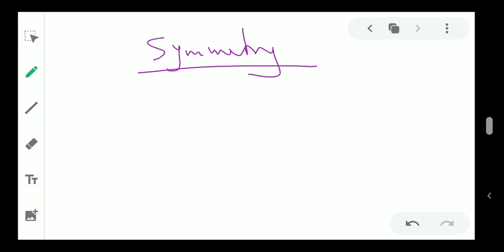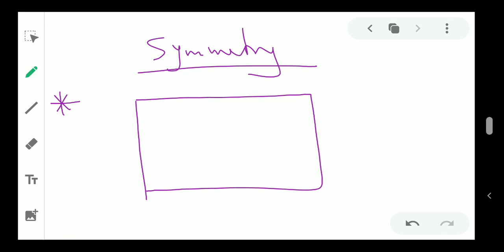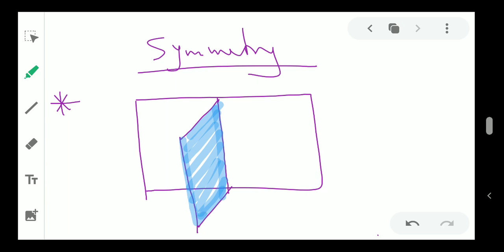Symmetry and patterns. So what you have to do, one more task: take a mirror, take a very nice page, then take the mirror, this is the mirror I'm just showing you, and place it at the middle of your page, fine.